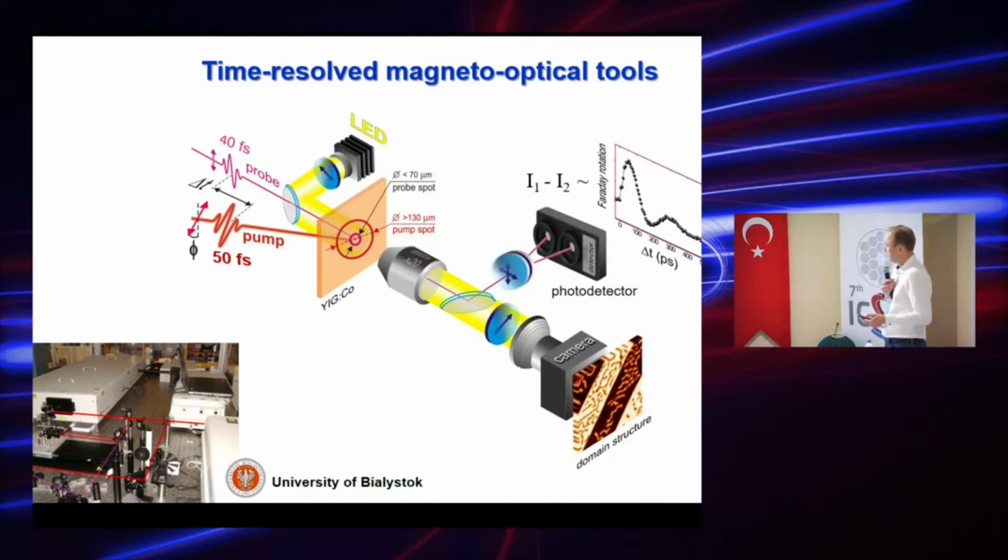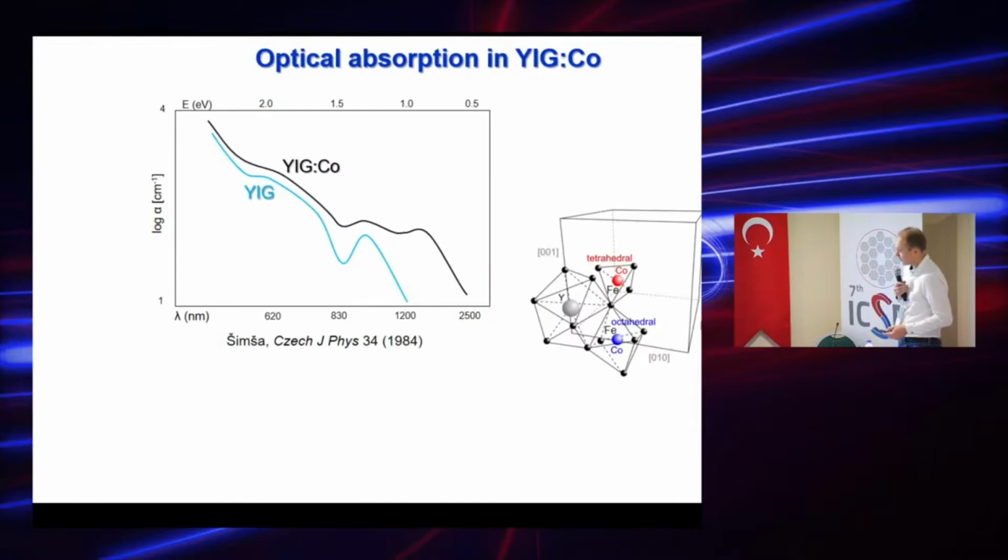Simultaneously we observe modification of the magnetic domains under laser pulses, and we also have a unique solution in magneto-optics: single-shot imaging in time-resolved mode. We observe the spatial distribution of magnetization and its temporal dependence on the time scale with a sensitivity of a few femtoseconds.